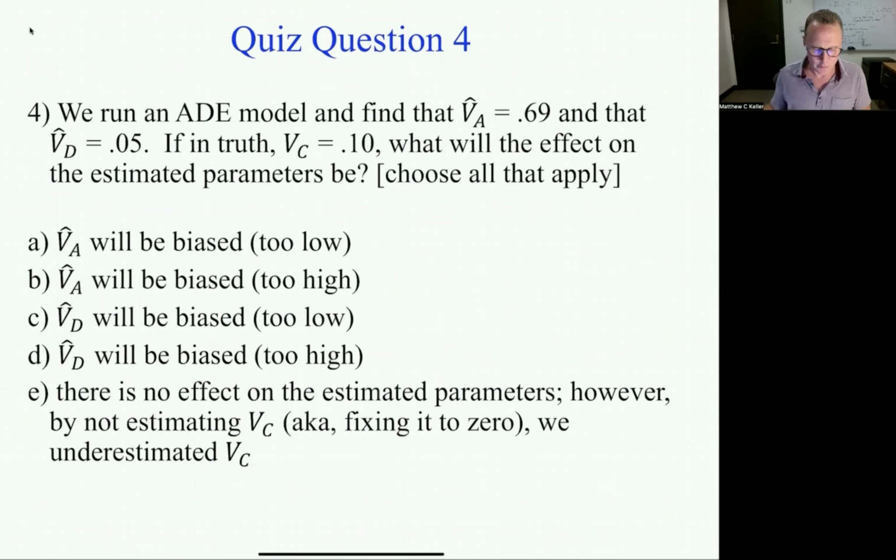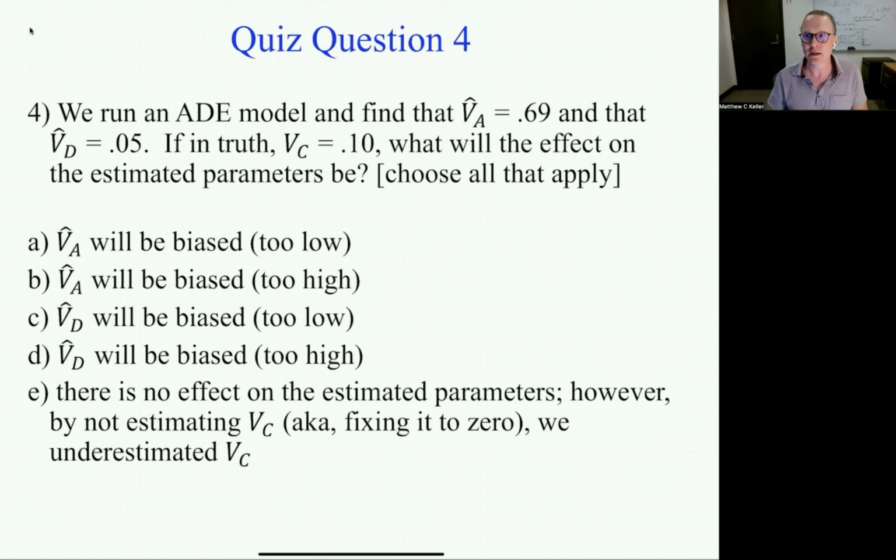Question 4. We run an ADE model and find that VA hat is 0.69, VD hat is 0.05. Now, if in truth VC is 0.1, now of course in real life we're never going to know what a population parameter actually is, but we could know in simulation, or if you happen to be a really good friend of a deity and they come down and say, by the way, VC is actually 0.1.